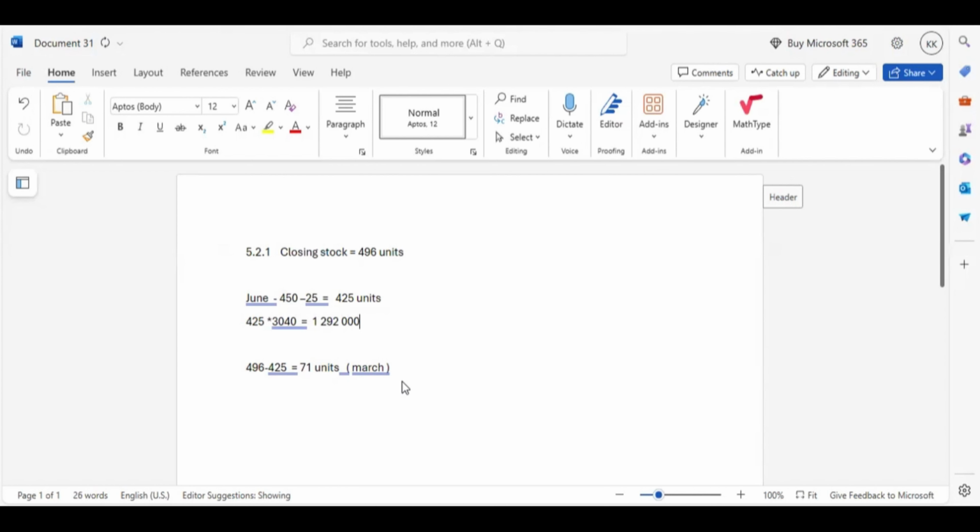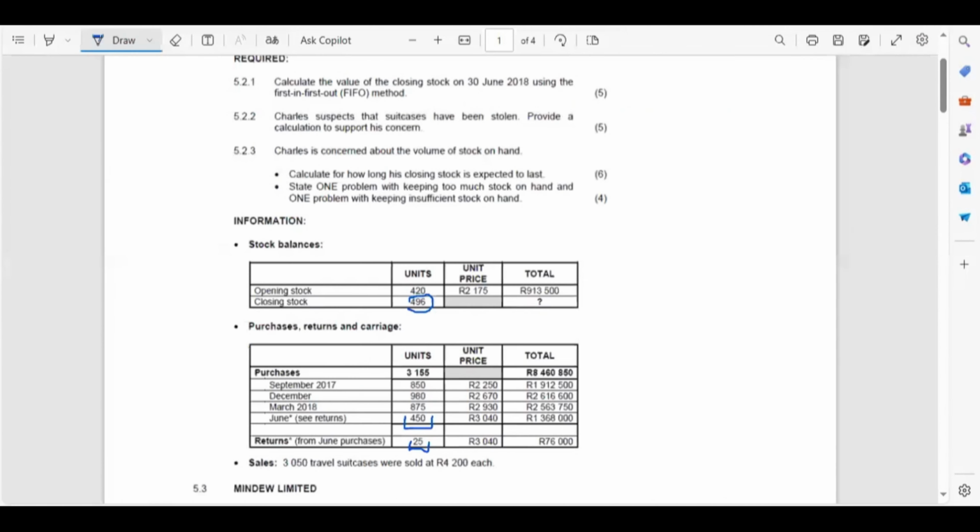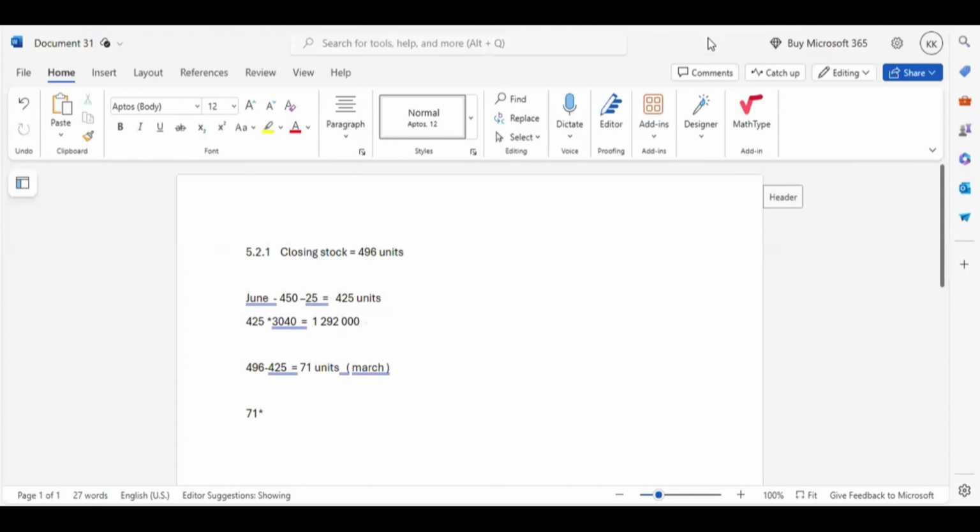1,292,000. Now for March, we're going to say 71 units multiplied by the unit price for March. So for March, our unit price was how much? 2,930. So 71 multiplied by 2,930 is going to be 208,030.